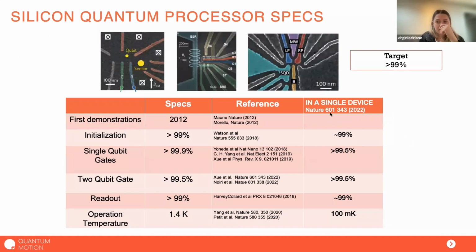So in the current state of silicon, we have very good decoherence times and relaxation times, above what superconducting qubits do. And we also have all single qubit gates, 2 qubit gates, readout, and initialization above the surface error threshold, which is 99%. This is very good.